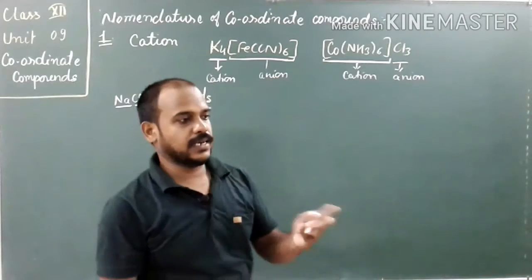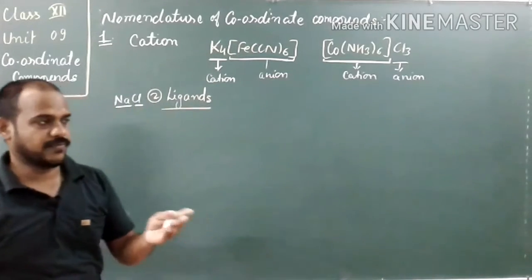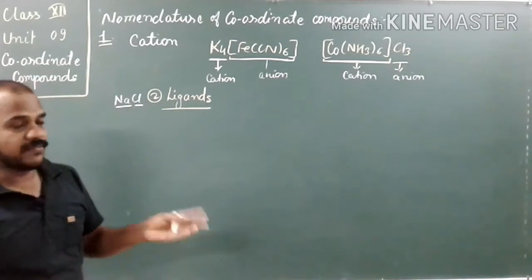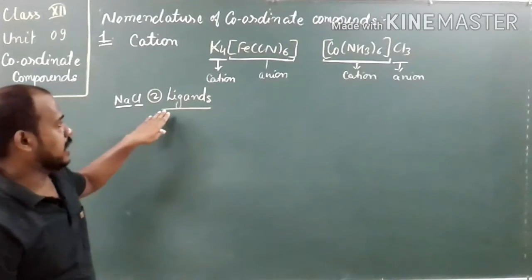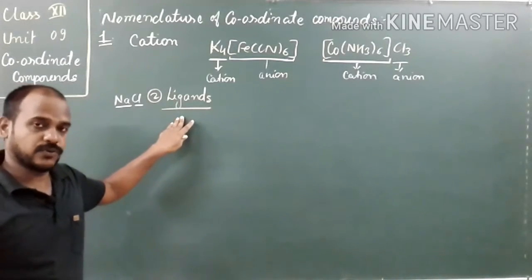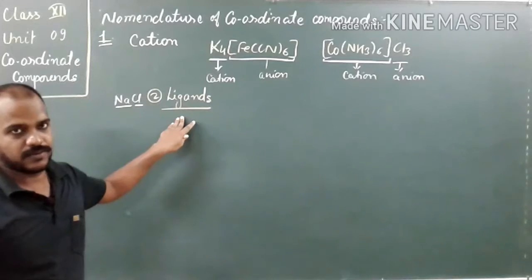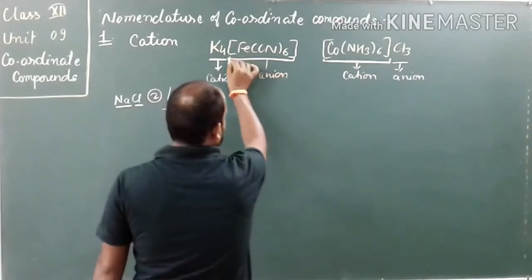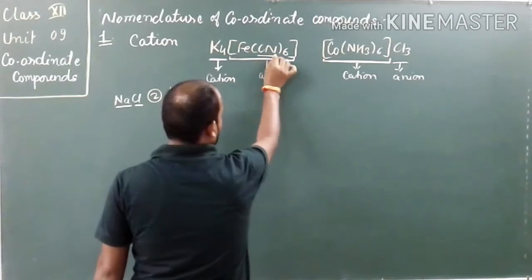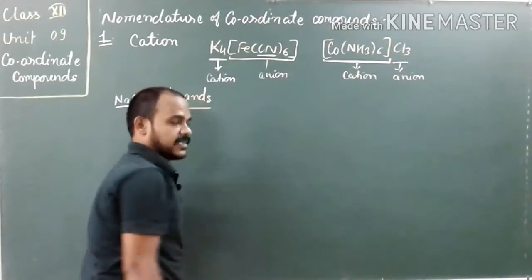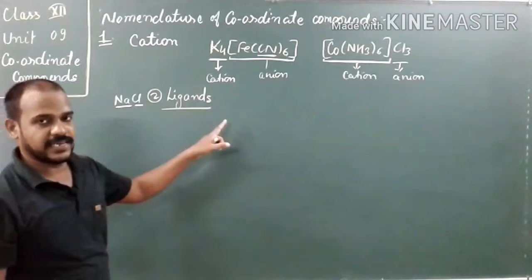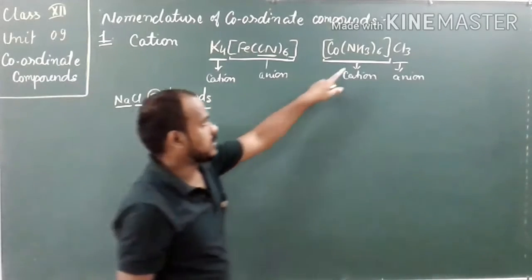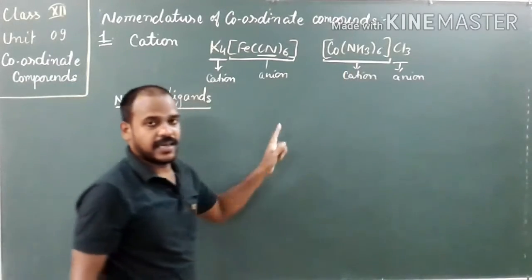We will see the names of the ligands, arrange them alphabetically, and after that write the name of the ligands including their numbers. Including their numbers means, in this complex the number of cyanides is 6, so we will write here hexa.